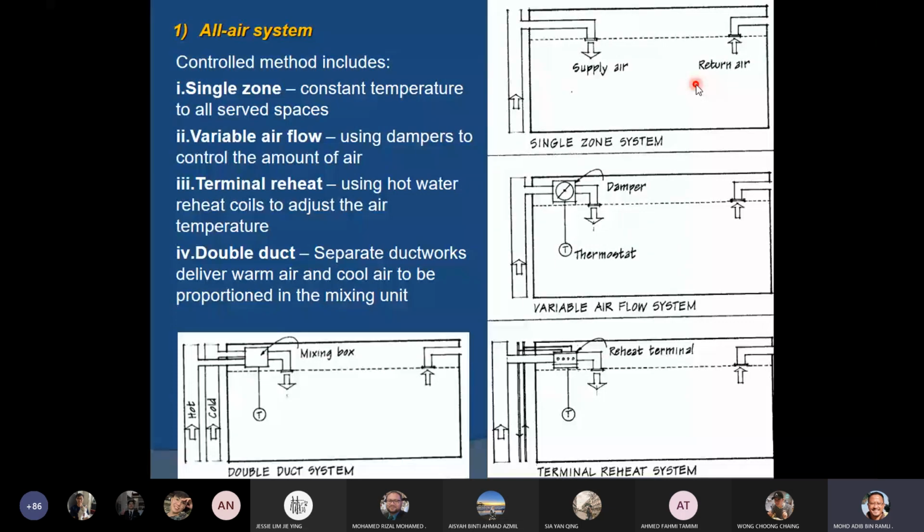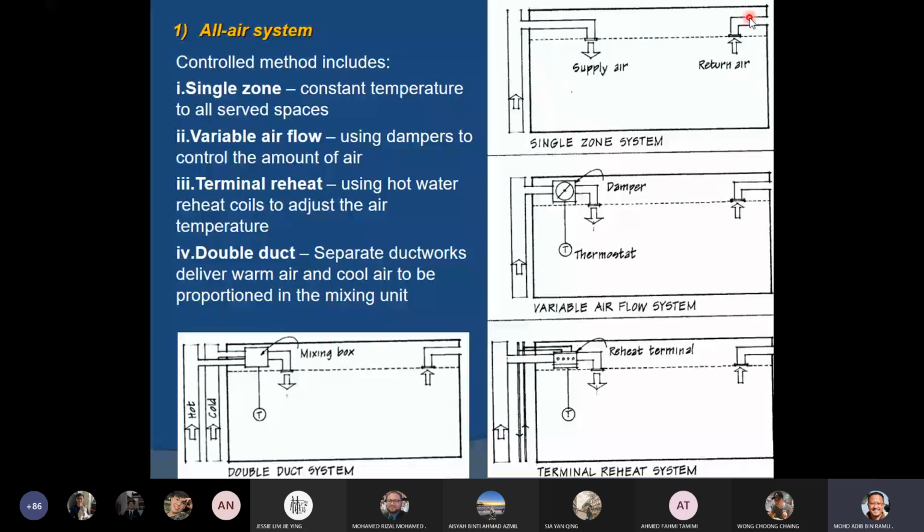Okay, but you don't need different temperatures in the space, because for a single zone system, the constant temperature will be served to all spaces. Meaning that, let's say the temperature is set at 20 degrees Celsius.